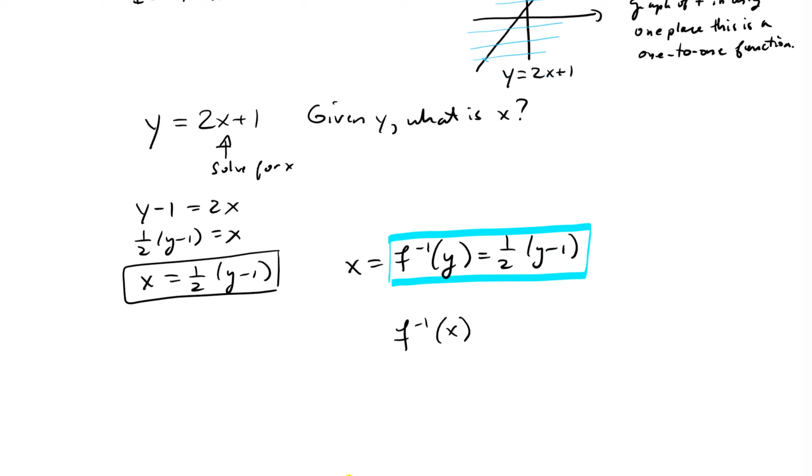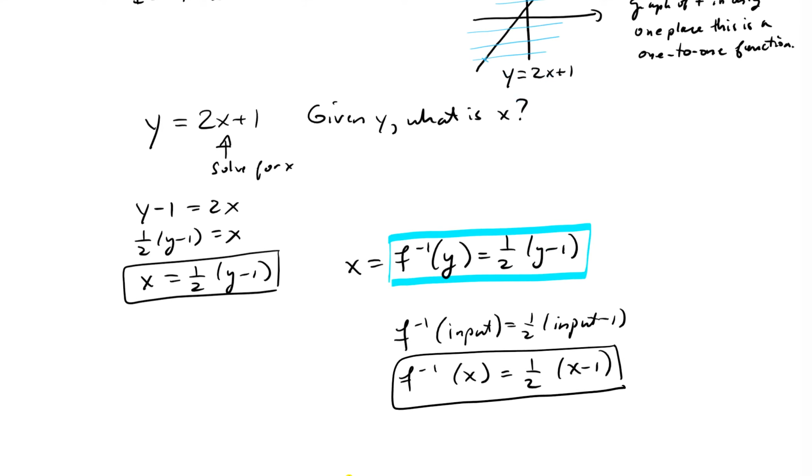I could replace it by input, of course, if I want to. I can write f minus 1 of input is 1/2 of the input minus 1. But we like to have our input written as x. So this is usually how we're going to write down our formula. So we solve the equation for x, that gives us a function of y, that's called the inverse function, and then we could just replace y by x.